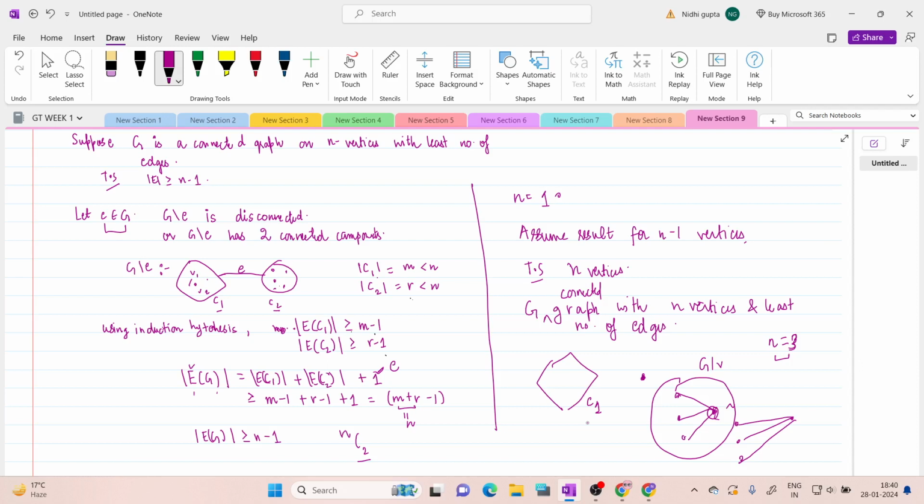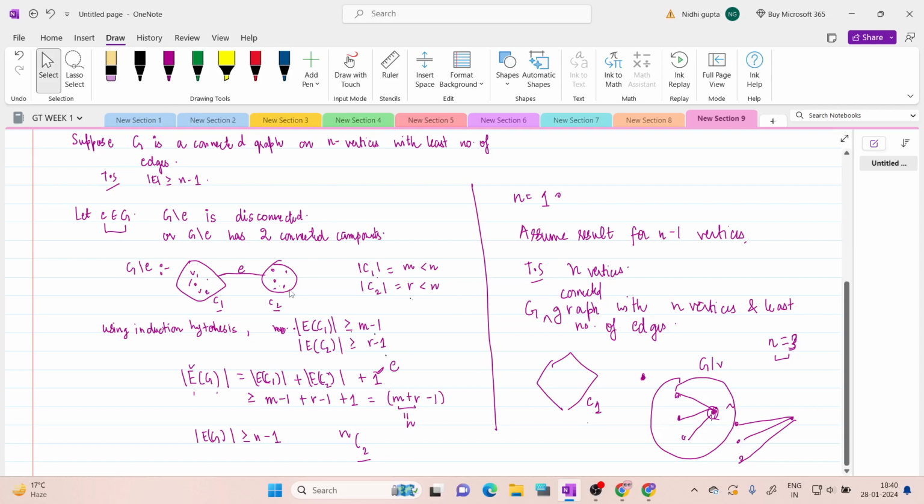That is, if G is a connected graph with n minus 1 vertices, then G will have at least n minus 2 edges. So the induction hypothesis requires the graph to be connected. But if so, normal induction here is not working. Okay, understood, ma'am.